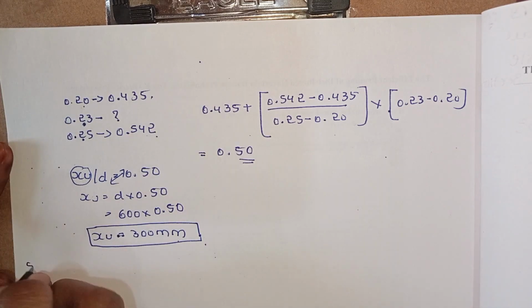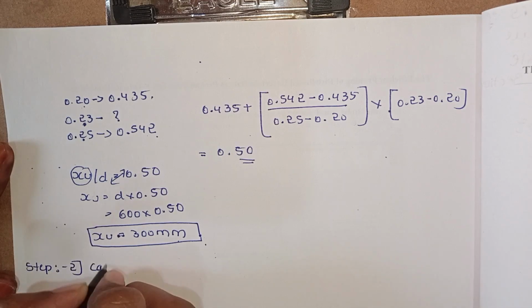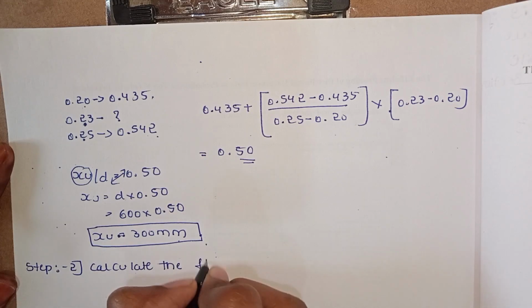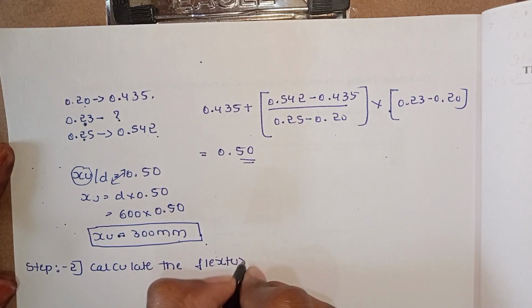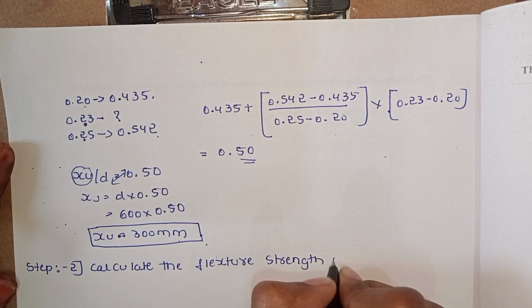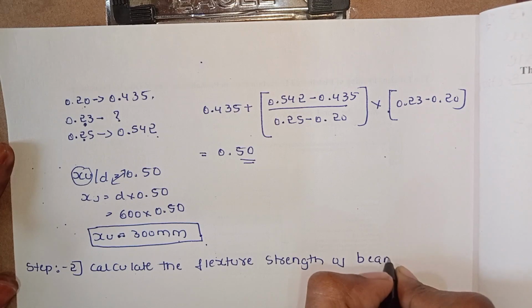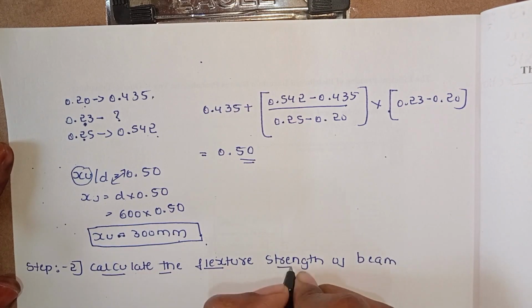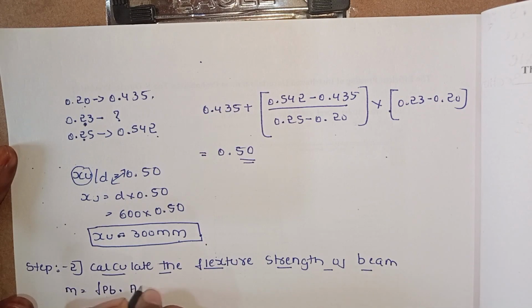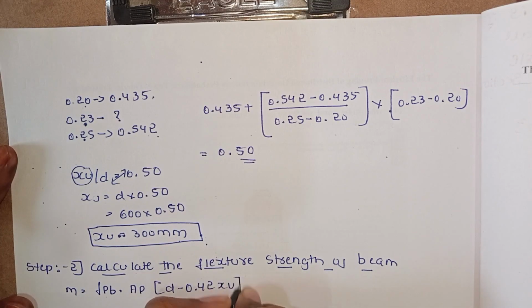Then step number 2: calculate the flexure strength of the beam. The formula is M equal to fpb into Ap into d minus 0.42 into xu.